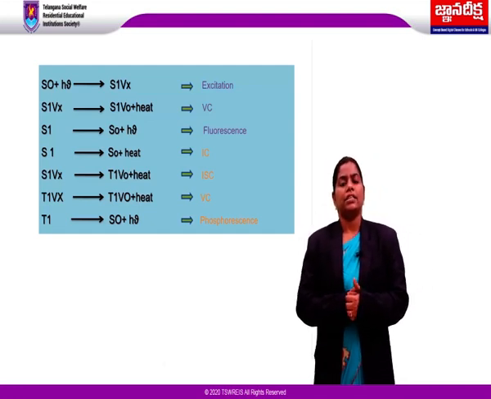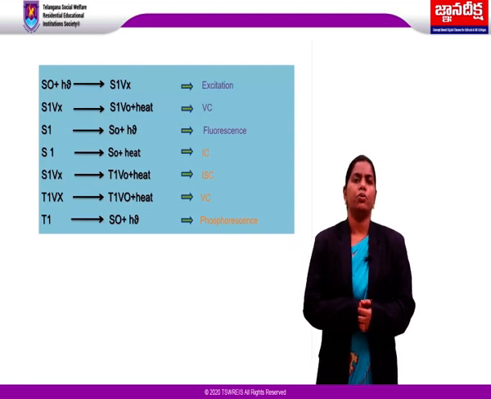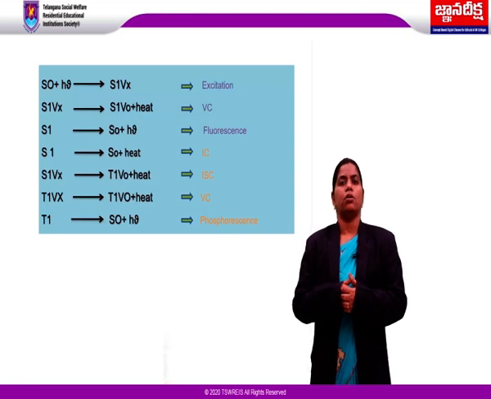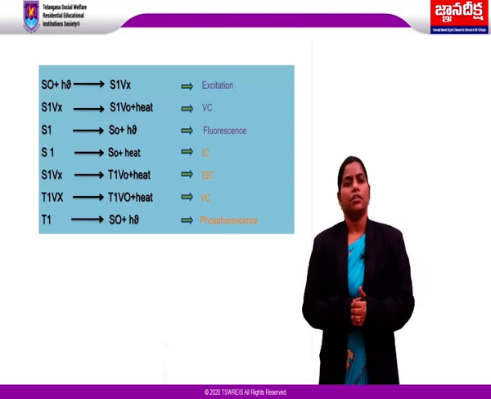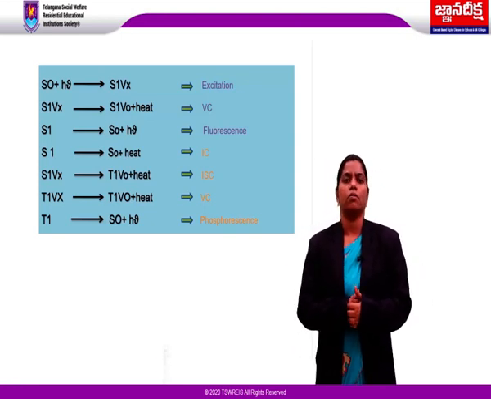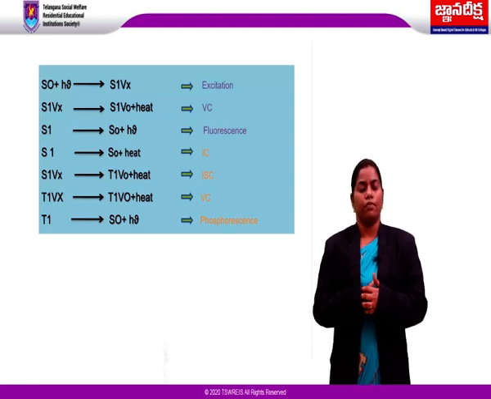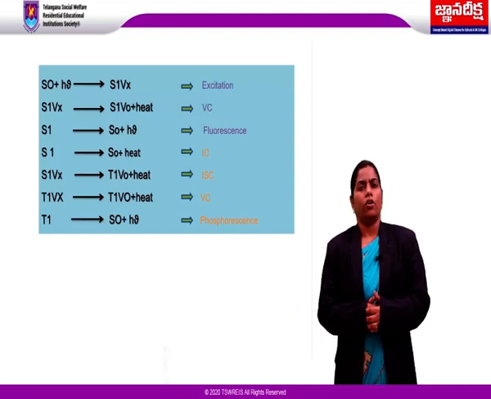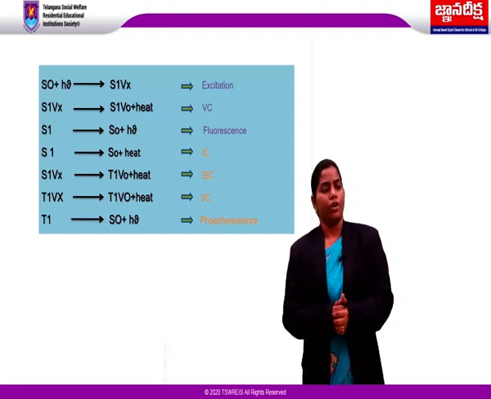Phosphorescence: there are certain substances which continue to glow even some time after the external source is cut off. Thus, phosphorescence is also called slow fluorescence. All glow-in-the-dark toys exhibit the phosphorescence phenomenon.